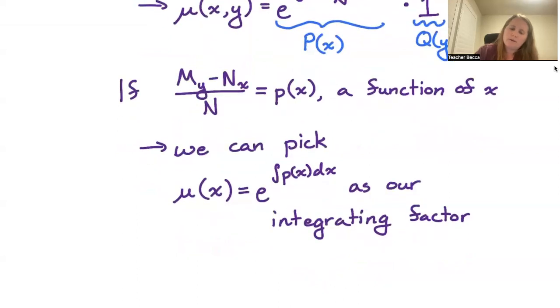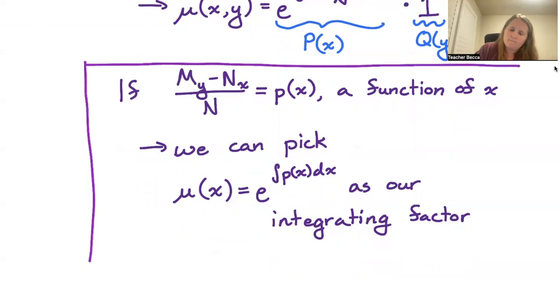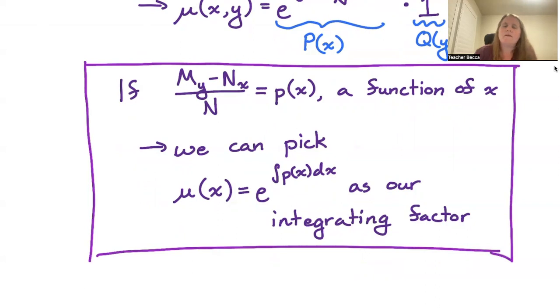So this is our first fact. If we have my minus nx over n equaling a function of x, then we can quickly find our integrating factor.